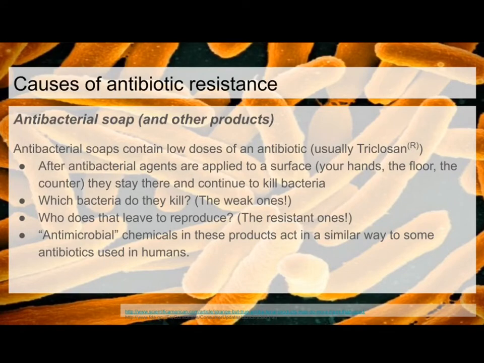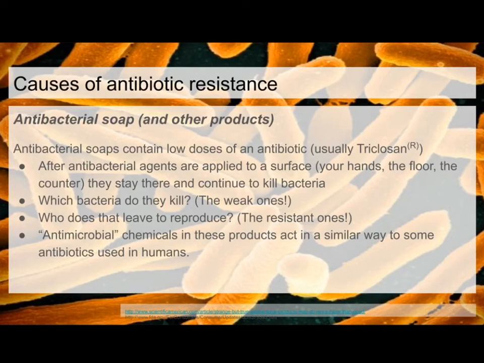Well, this is one that we've got some control over. The fourth cause of antibiotic resistance actually seems to be antibacterial soaps and wipes and all that stuff. Many of these antibacterial products contain low doses of an antibiotic. In soaps, it's usually one called triclosan.